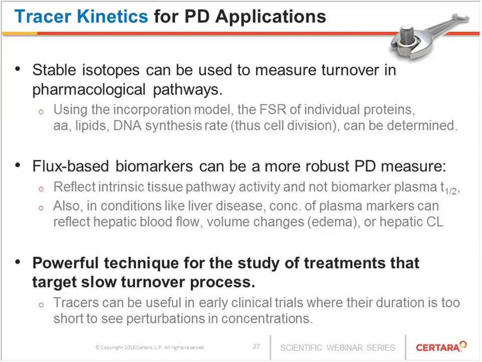So I think ultimately these tracer kinetic approaches could become a powerful technique specifically to study treatments that target slow turnover processes. And that was my conclusion for one of the programs I was involved with. Well, we were looking to learn about changes in fibrotic biomarkers, and you will see what I'm talking about in the next slide.